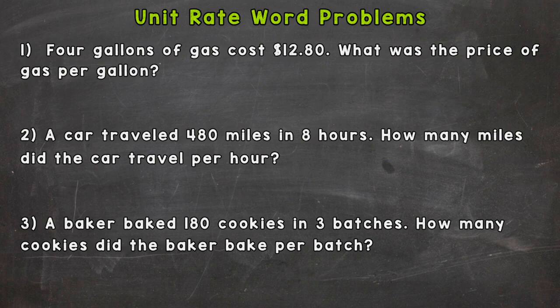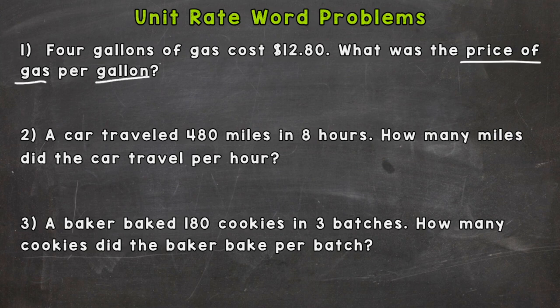So the first thing we need to do is set up a fractional ratio. And remember, when it comes to ratios, order really matters. So take a look at the question part of the problem and see what order is necessary. And it says, what was the price of gas per gallon?